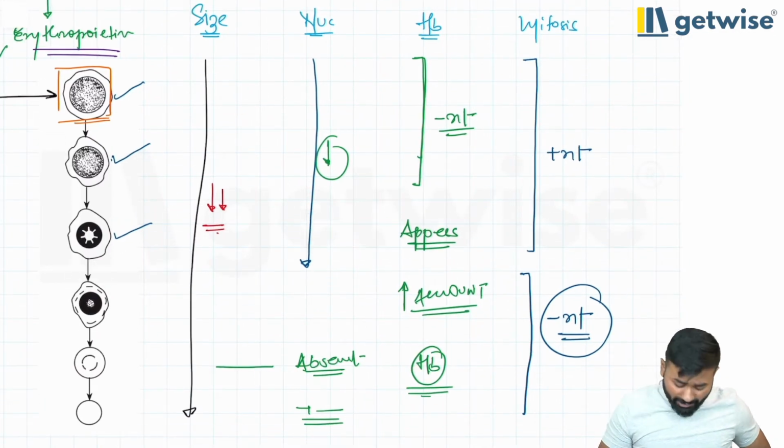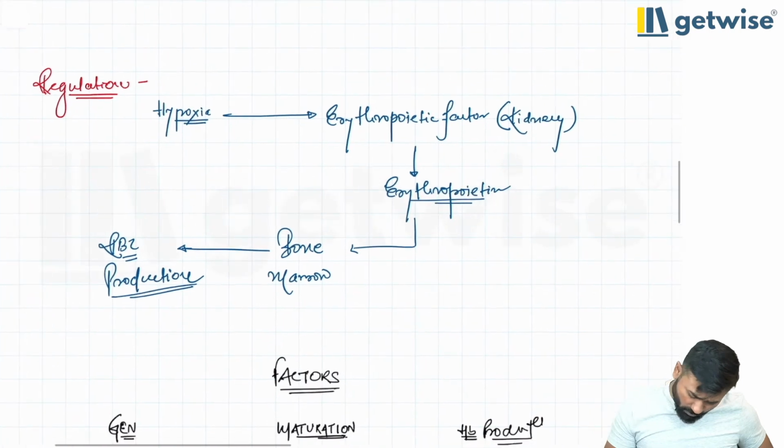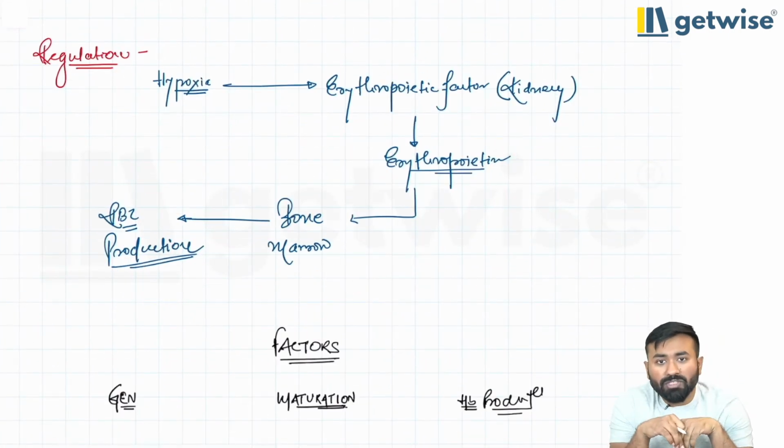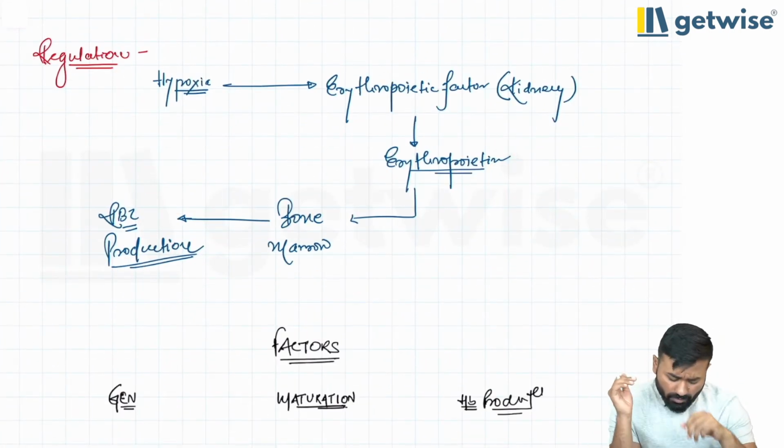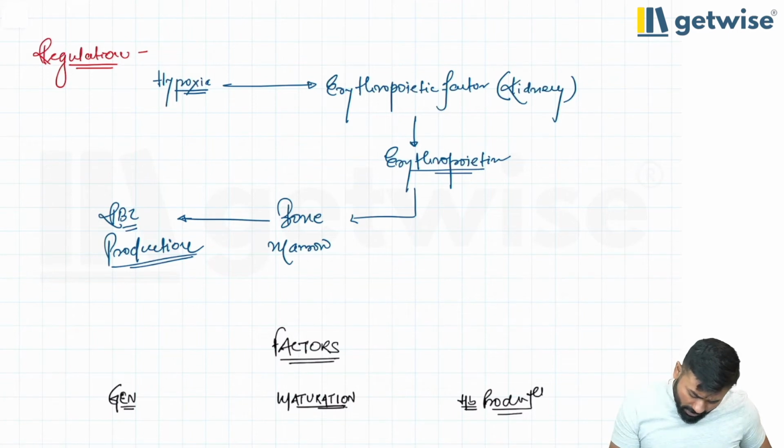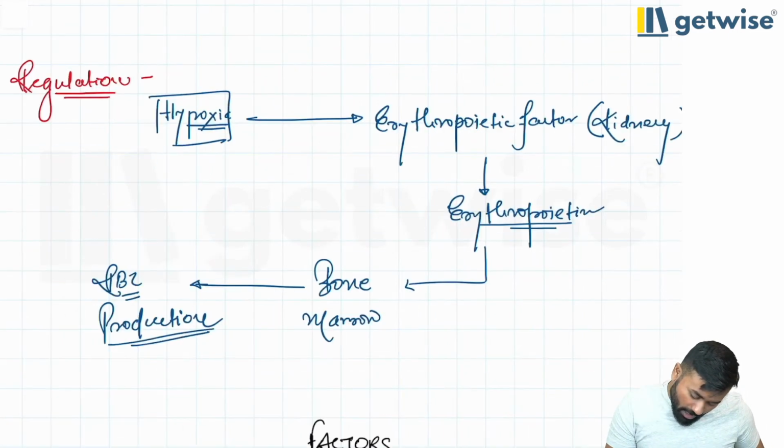Now let's have a look at the regulation part. In the regulation, hypoxia is the most important factor. Hypoxia is a decrease in O2 supply.